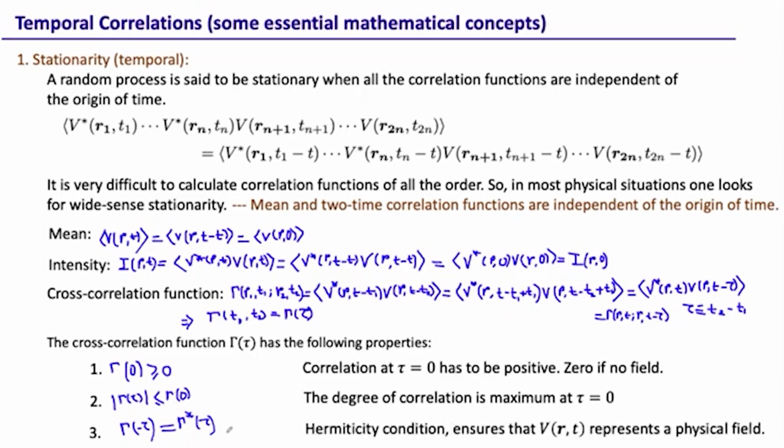This is the hermiticity condition, which ensures that the field represents a physical field as opposed to some arbitrary imaginary field. That means the field can be realized in the lab, that it can be produced by a real source.